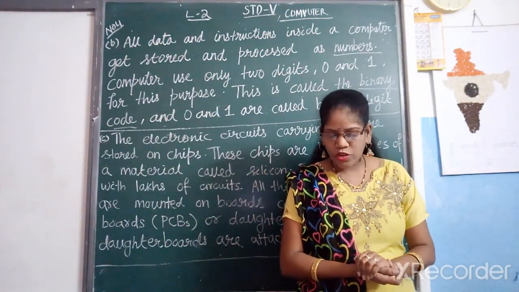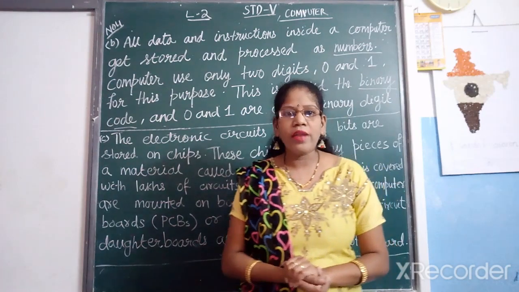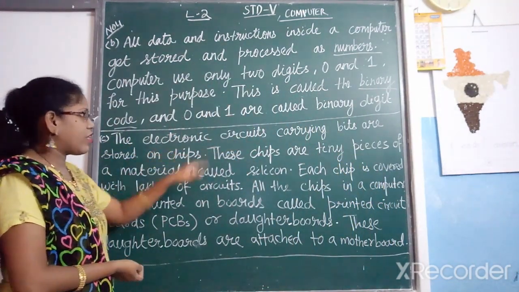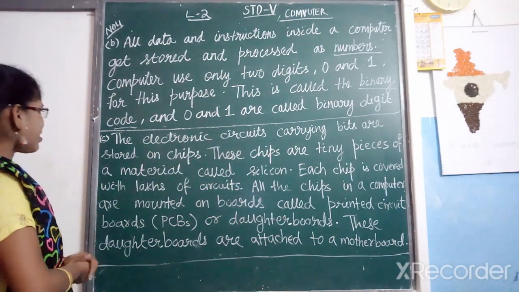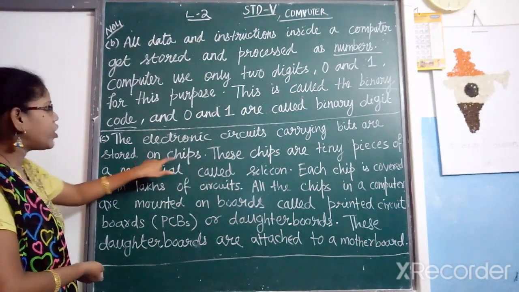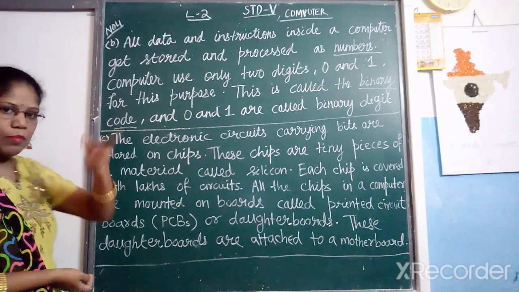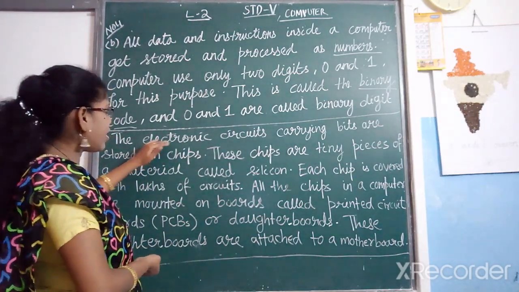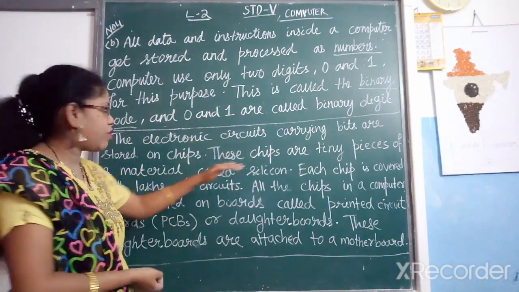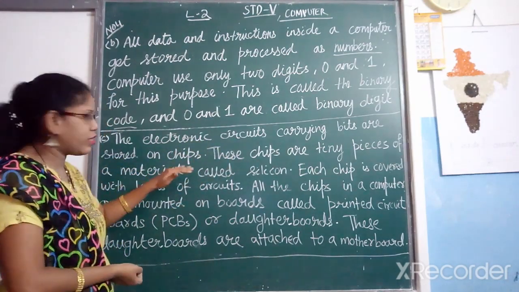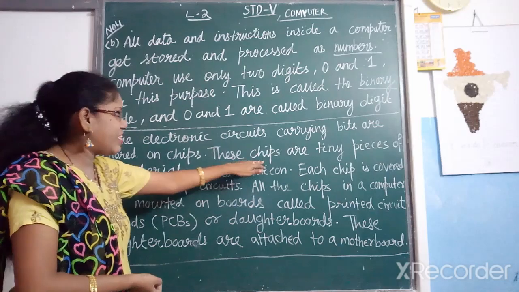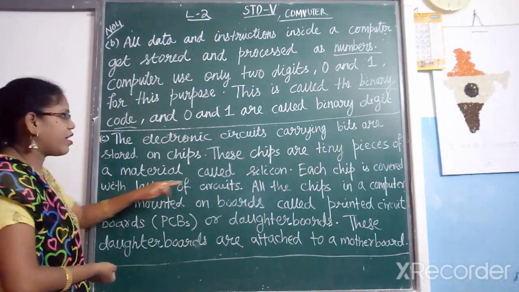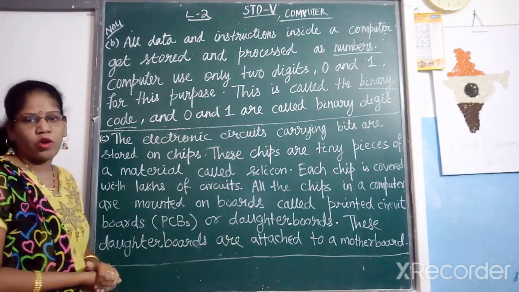Now come to the next question. What are silicon chips? How are they used? The electronic circuits carrying bits are stored on chips. Bits, you know, the 0 and 1, when the electronic circuits are carrying these bits, they are stored on what? Chips. These chips are tiny pieces of a material called silicon.